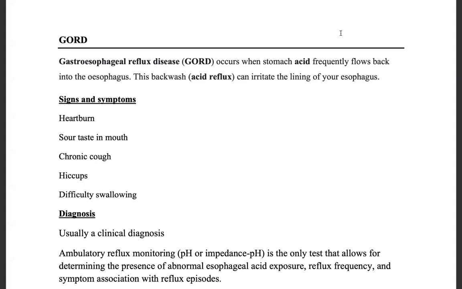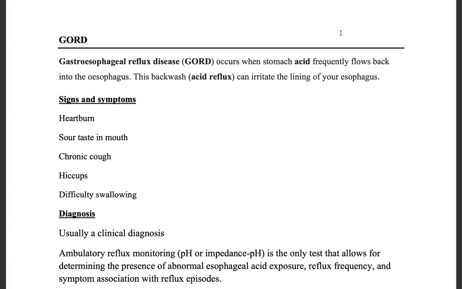Usually sliding hiatus hernia will produce no symptoms. But if symptoms occur, they are mainly due to the reflux.